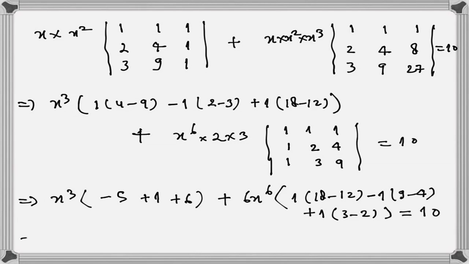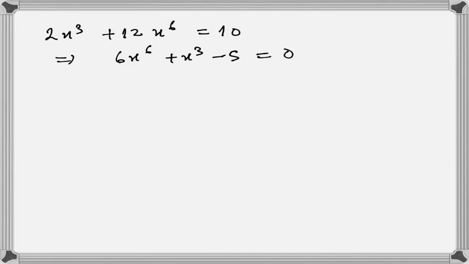So this implies 2x cube plus 6x to the power 6 times 2, that is 12x to the power 6, and minus 5 plus 1 plus 6 is 2. So we have 2x cube plus 12x to the power 6 is equal to 10. This implies 6x to the power 6 plus x cube minus 5 is equal to 0.